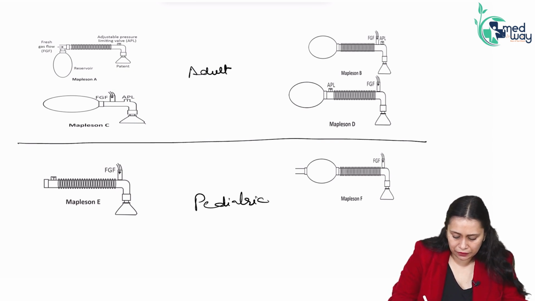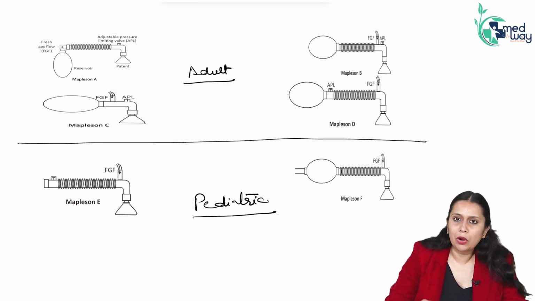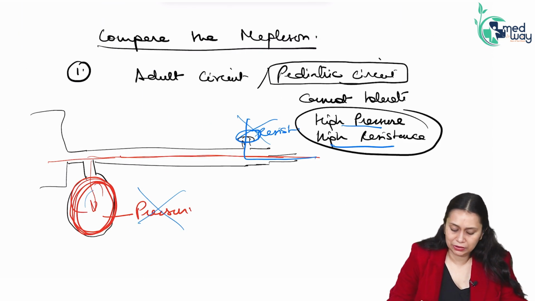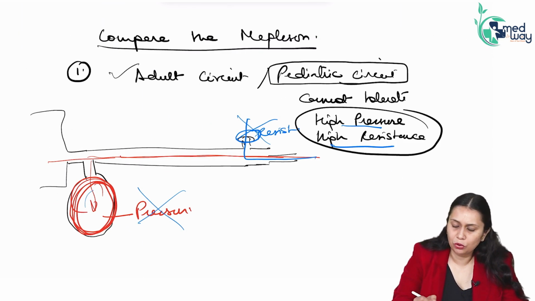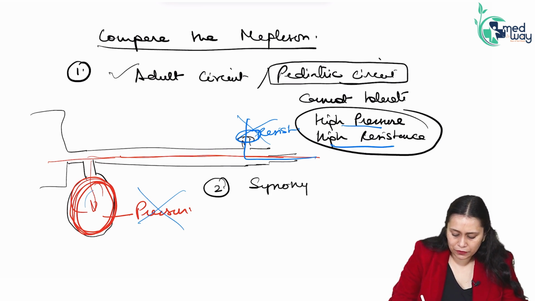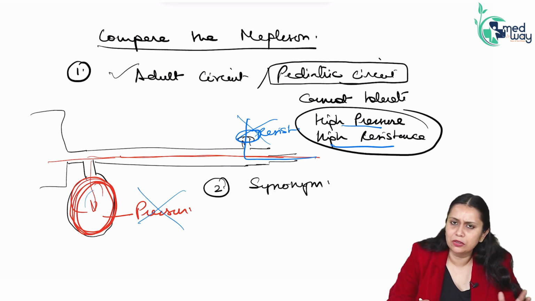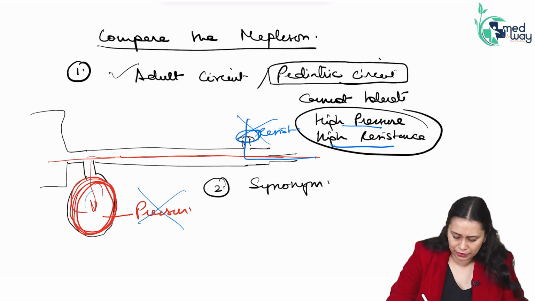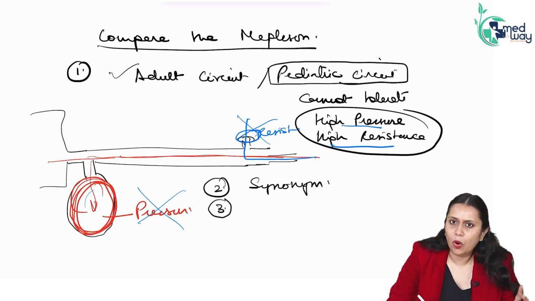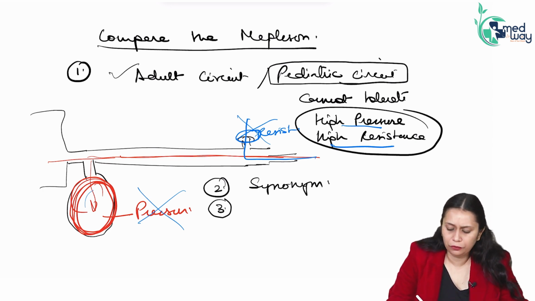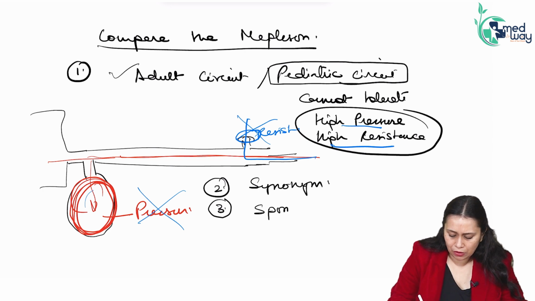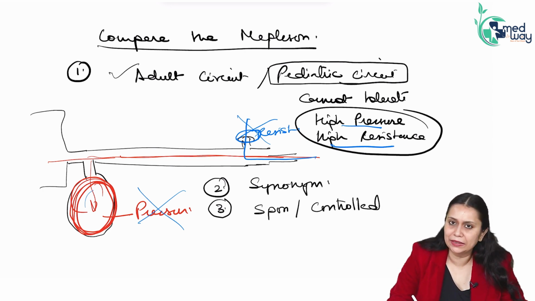Okay, E and F are pediatric. Now, another thing which we need to know about the circuit, the second point, is, does the circuit have any synonym? A lot of circuits have other names, like Mapleson A is also called Magill circuit. So we have to know about that. Then we need to know for what type of ventilation the circuit is good, spontaneous or controlled ventilation, and how it is decided and why.